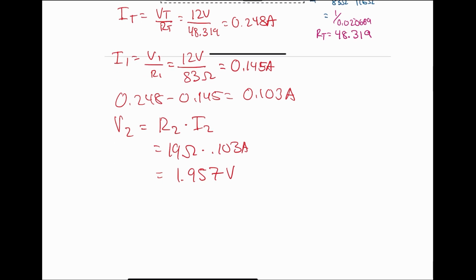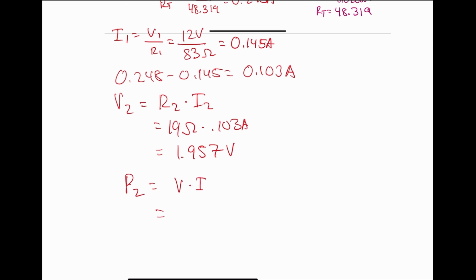And then using the power rule, you know that it's voltage times I. So we have our V2 and we have our I2, and that should equal roughly 2 watts.